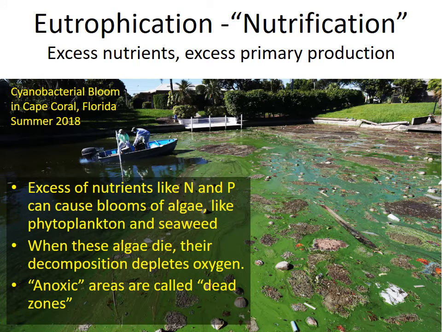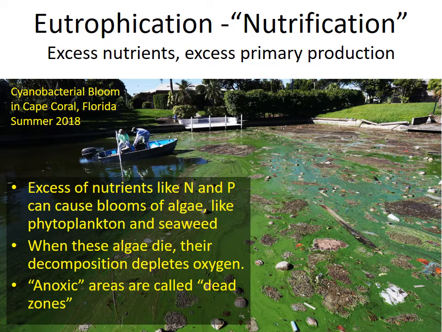All right, so one of the problems that we have in areas like Southwest Florida, where we have a pollution problem that's not very well controlled, is an excess of nutrients getting into the water. And an excess of nutrients causes this process known as eutrophication. You can remember what eutrophication is because it rhymes with nutrification, and it means an excess of primary production resulting from an overabundance of nutrients.